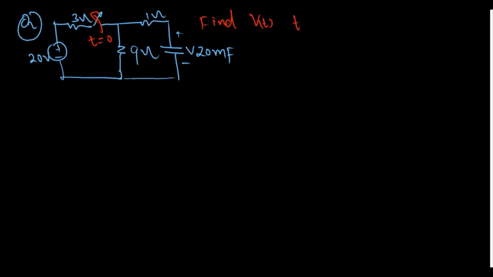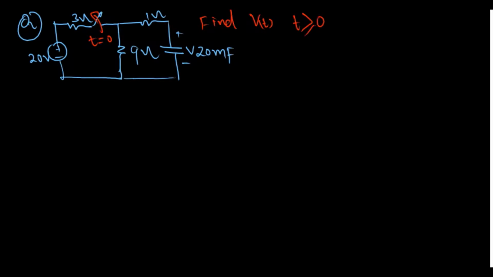There is a 3 ohm, a 9 ohm, and a 1 ohm resistor, and a 20 millifarad capacitor. The question is, at t is equal to 0, the switch has been turned off. Find V(t) for t greater than or equal to 0.